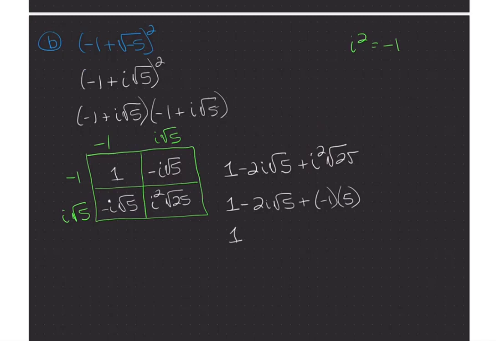So we got 1 minus 2i square root of 5 minus 5. Just simplifying some of our terms, we would end up with -4 minus 2i square root of 5.